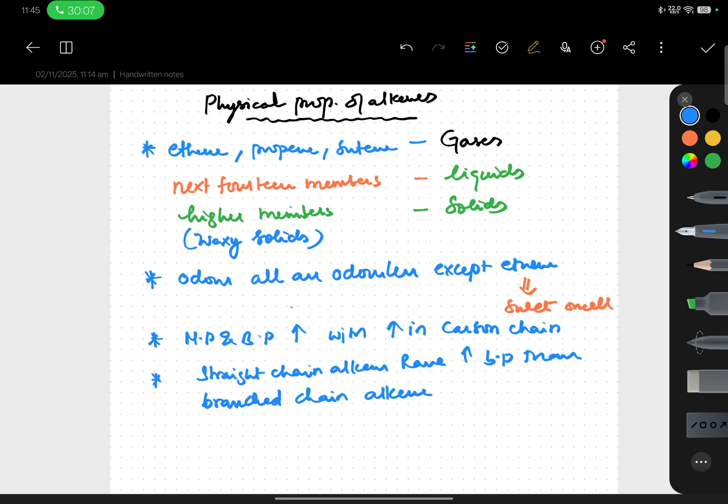Because whenever the branching increases, the surface area will automatically decrease. Whenever surface area decreases, automatically you will find the boiling point getting decreased. So you take any example, for instance.